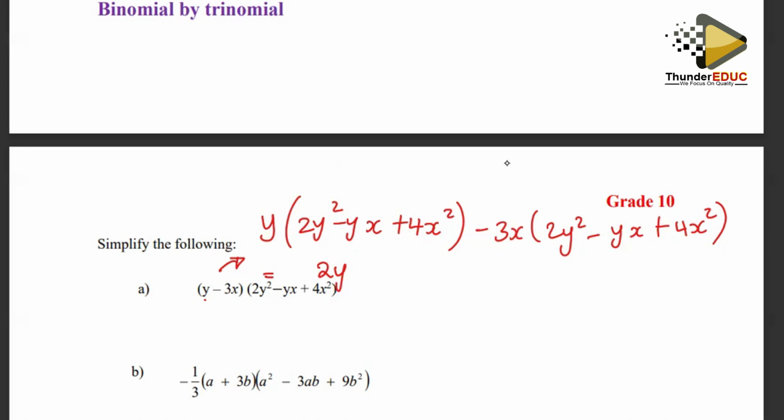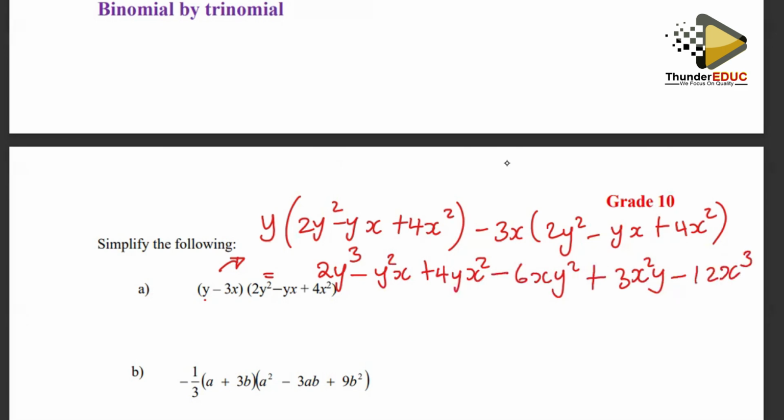Okay, so that's a 2y cubed. Then this y and that's gonna be negative y squared x, and then plus 4yx squared. This and that's gonna be negative 6xy squared, negative 3x and negative yx. I'm getting a positive 3x squared y, a negative 3 and a positive 4, that's a negative 12x cubed.